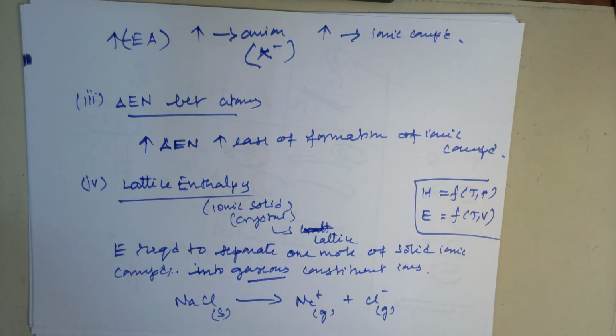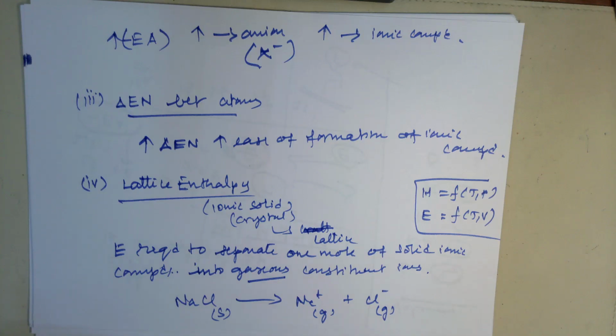For example, let me electrolyze it. Let me introduce two electrodes inside the sodium chloride solution. Then NaCl becomes Na plus and Cl minus, and Na plus ions will move towards the cathode and chloride ions towards the anode. That is why we call it electrolysis.